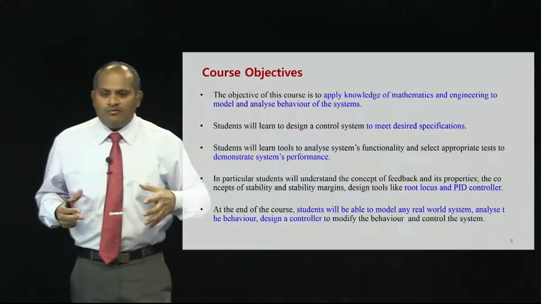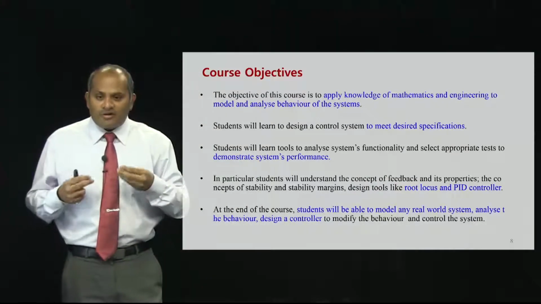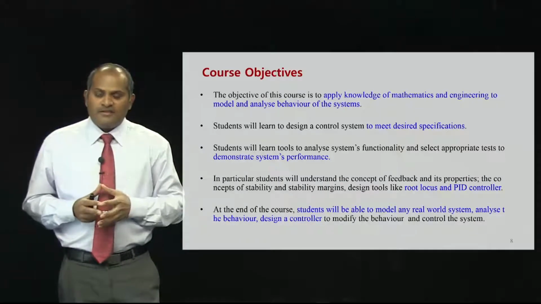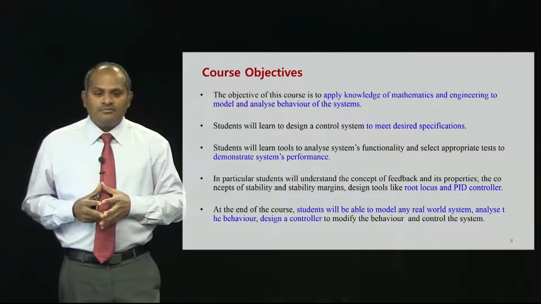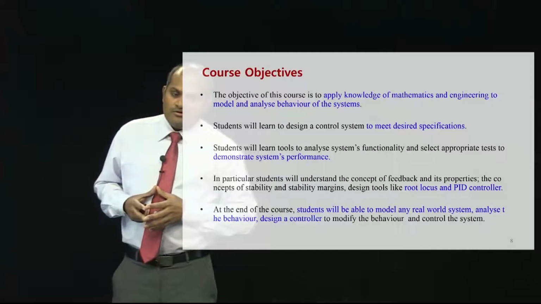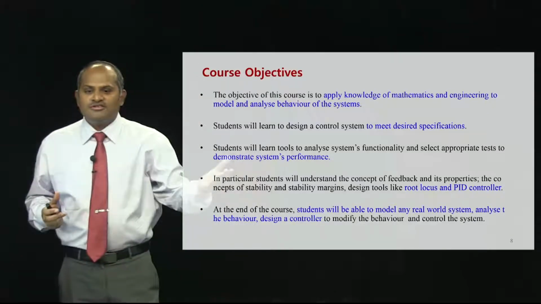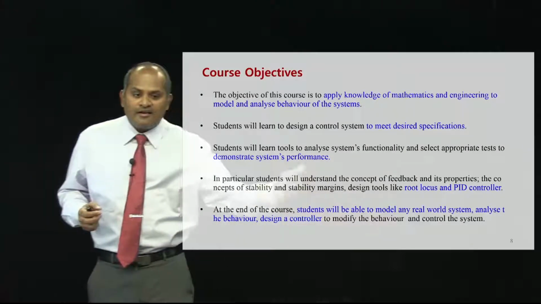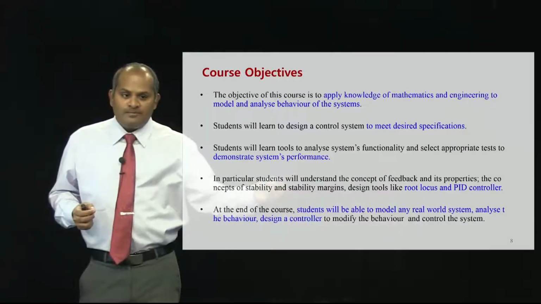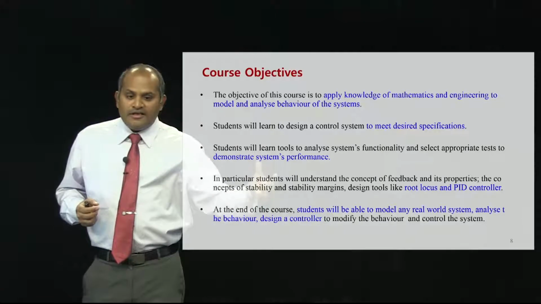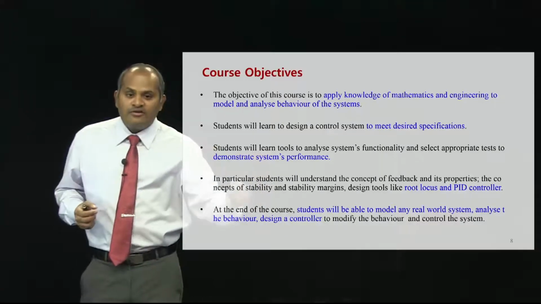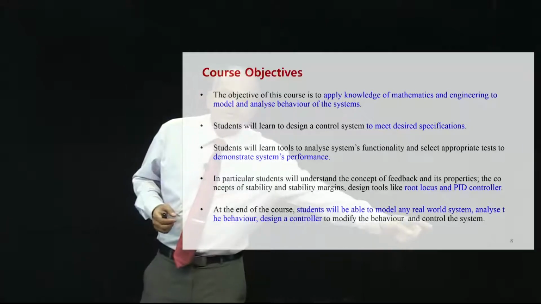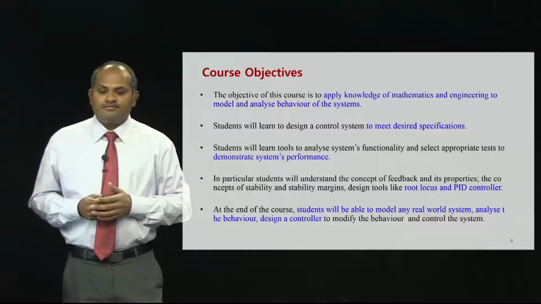You will also learn what feedback is and the importance of feedback, and we will learn the stability margins for the system in this course. So, what you get in this course is that at the end students will be able to model and analyze any real world system, analyze its behavior, and then design a controller to modify the behavior and control the system.